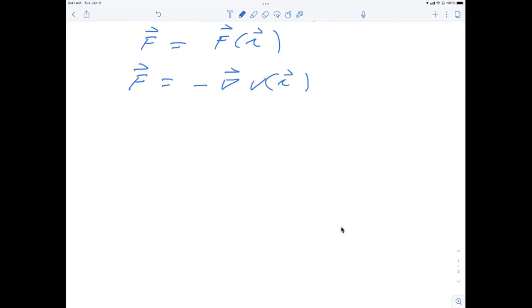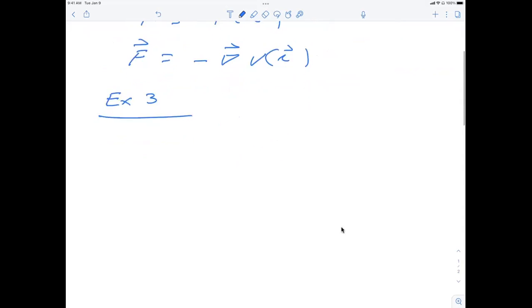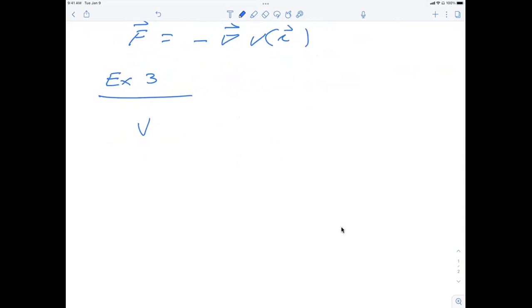On Wednesday, we looked at two types of potentials. In exercise 3, what you have to do is repeat much of the same. That's why we took it up. In exercise 3, you have V(x,y,z), which is given by a constant a, times e to the minus x squared plus c squared, divided by another constant, which we just called a squared.